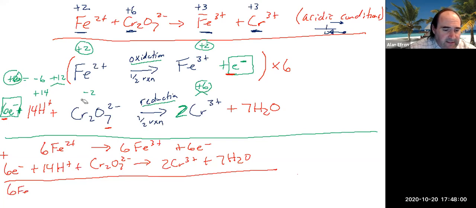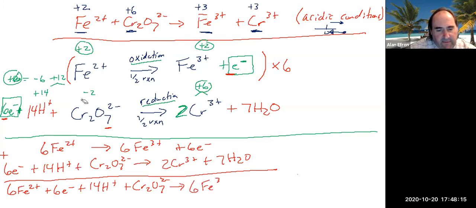So 6 of the iron 2+ plus 6 electrons plus 14 H+ plus Cr2O7 2- goes to 6 of our iron 3+ plus 6 electrons plus 2 of the Cr3+ and 7 H2O.